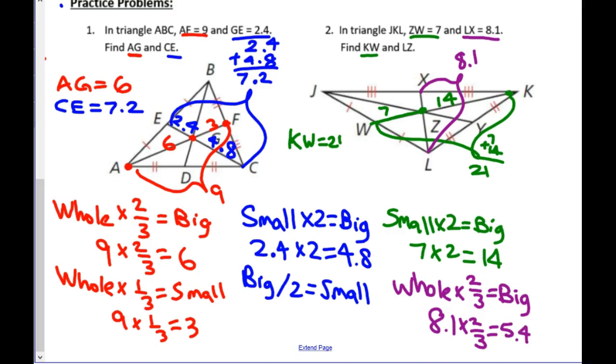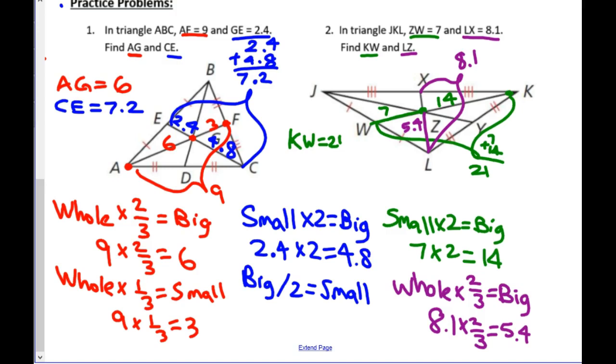So the big one is L. There we go, 5.4. Is that what I'm looking for? I'm looking for LZ, Jay-Z's lost cousin. All right, but LZ is 5.4 because it's the big part, 2/3 of the whole.